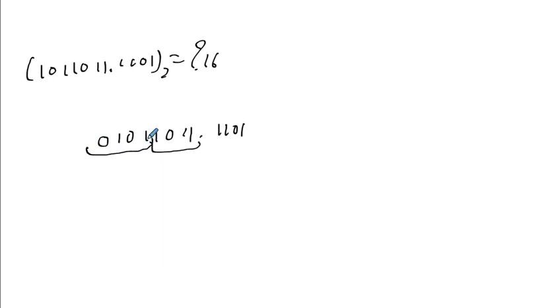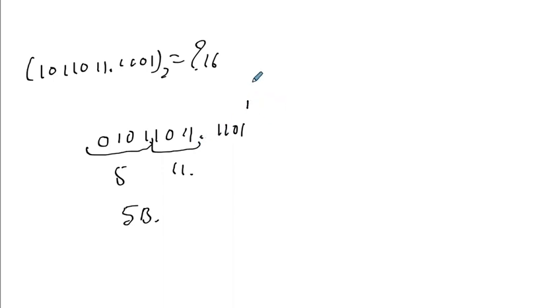Okay, write its equivalent number. 1101 means what? This is 11 again, and this is 5. 5 and 11 can be written as 5B. Yes, point, because the point is here.